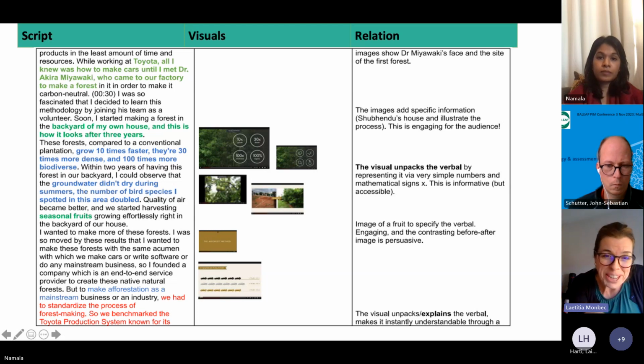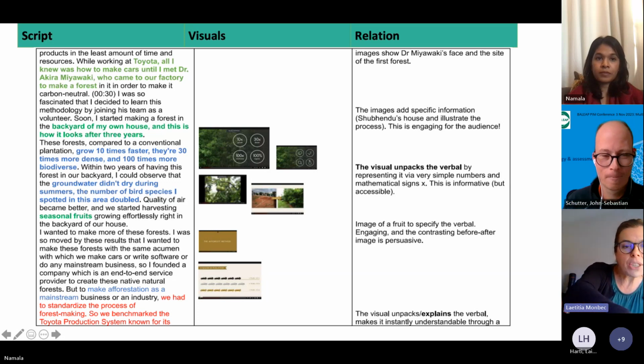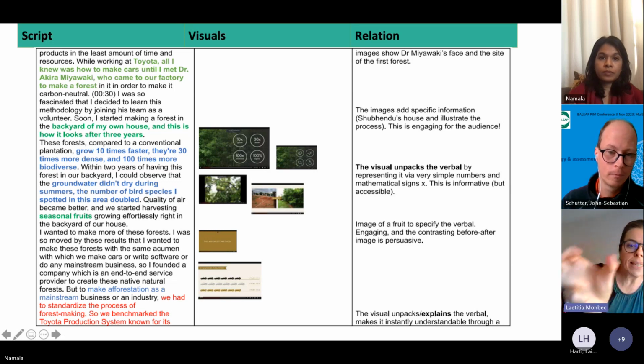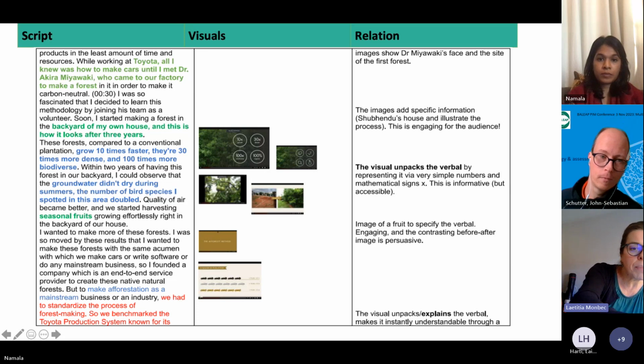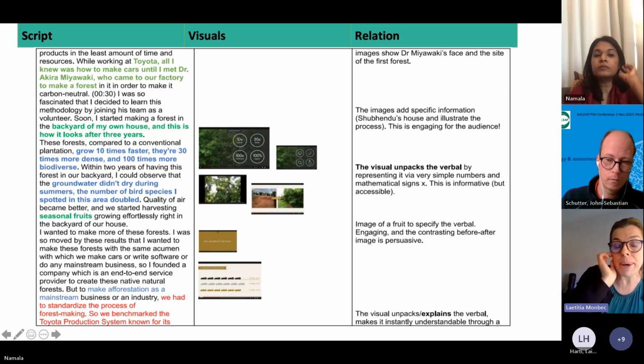I'm sorry, because here the formatting went all crazy, so they're not completely aligned, but you can see the pictures are illustrating. You have a comparison before and after for the garden this engineer created. You can see it slows down with the infographic, and the script takes over to spend more time on unpacking this.